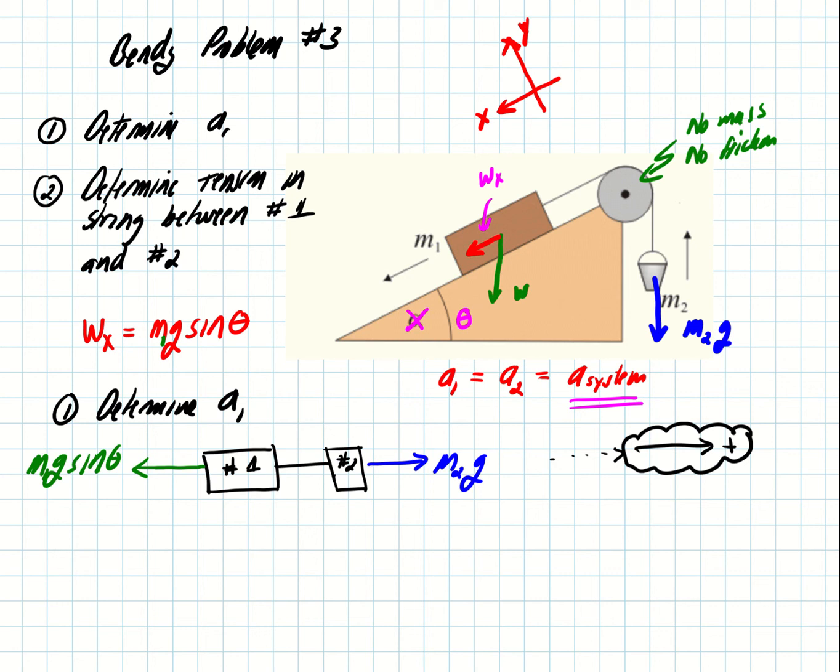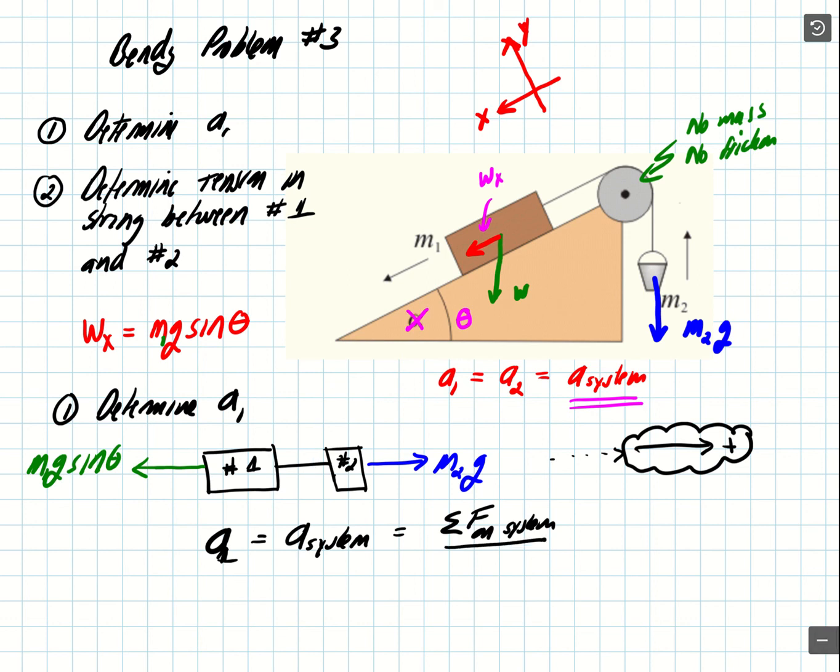Okay. The next thing we want to do is set up Newton's second law. So the acceleration of object 1 is going to be equal to the acceleration of the system, which in turn, we just need to add up the forces on the system. In other words, we're not going to think about tension in the string yet.